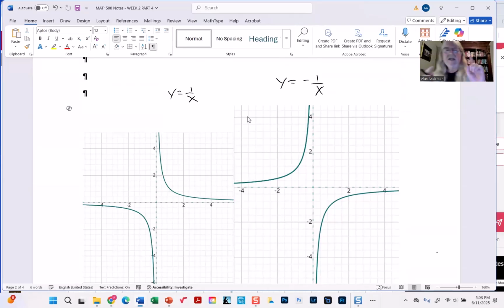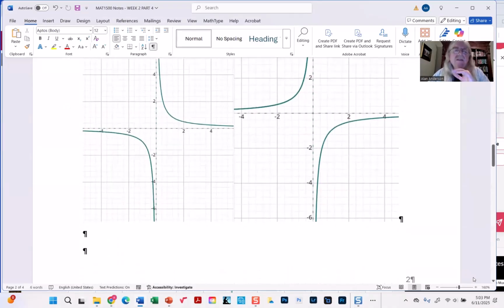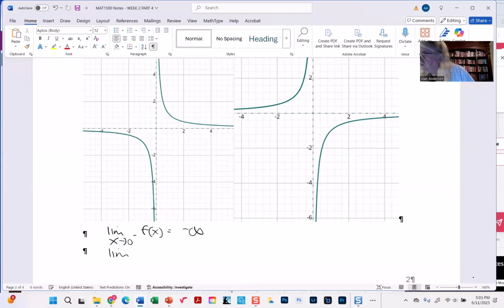I just wanted you to see how, even though we still have the same vertical asymptote, what's changed here is that here, the limit from the left is negative infinity. The limit from the right is positive infinity.